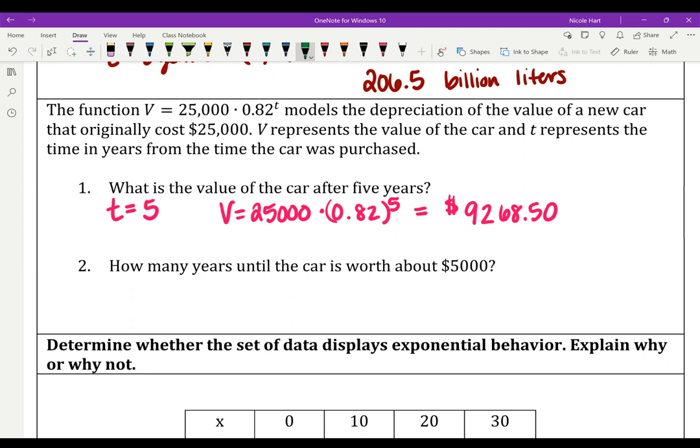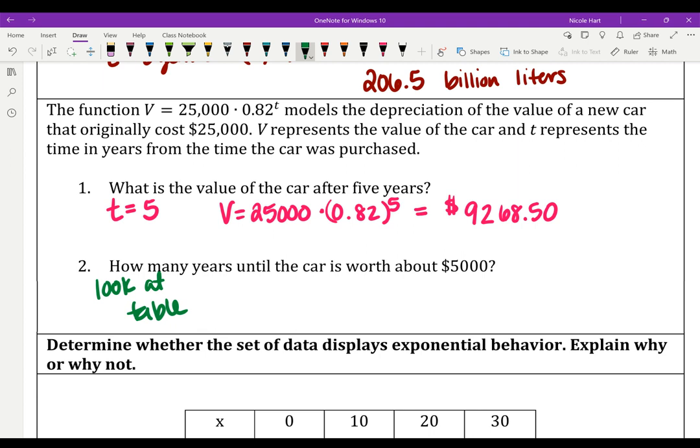Our next question says, how many years until the car is worth about $5,000? Now here's where I would put it into a table, because it's not going to be exactly $5,000. It's going to be a number close to $5,000. And so you're looking for where exactly does that happen. So scroll through your table, looking at the Y values, and see which ones are close to 5,000.